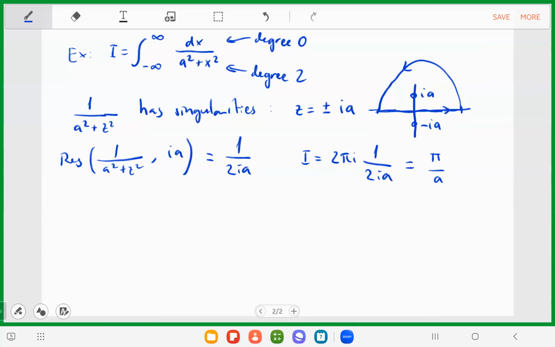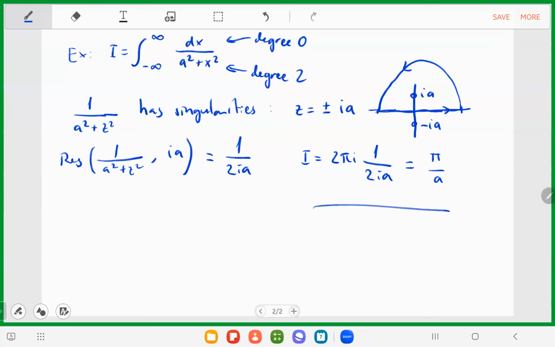Just remember, this works with these conditions: that the limits are from minus infinity to infinity, and that we have only polynomials, and the degree of the denominator is 2 larger than the numerator or more. If these things are not true, then maybe there are other methods, but this method is only true like this.